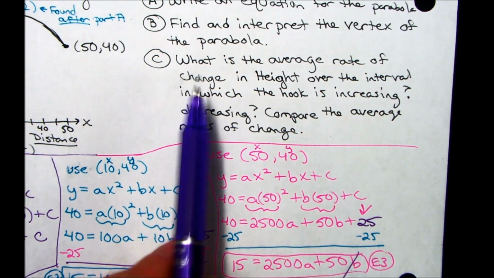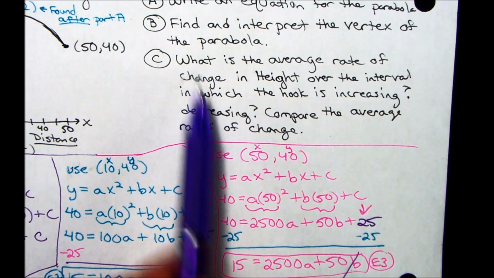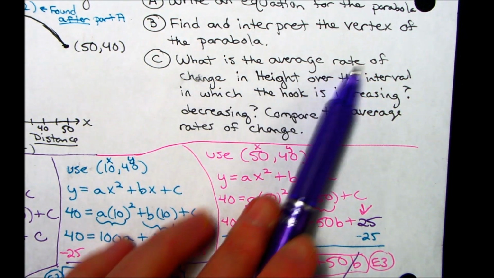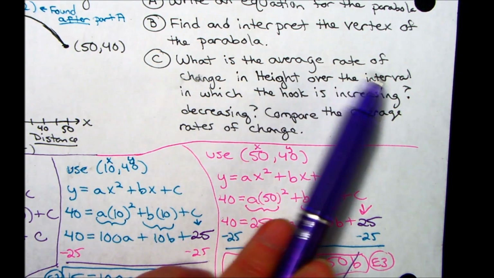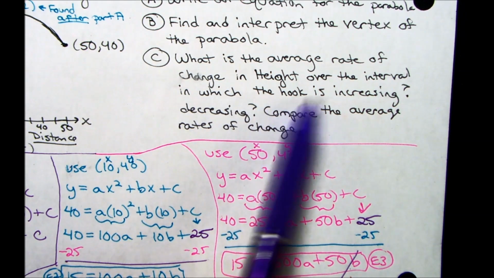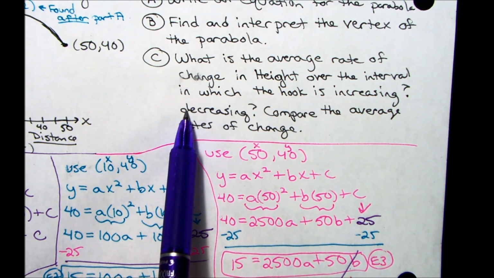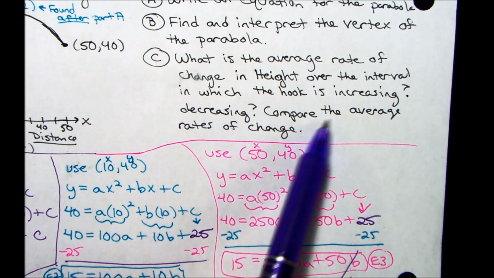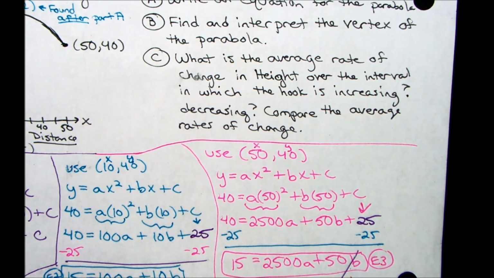Okay, so now the reason why I wanted to do this problem in the first place was so that we could practice this part C, which is what is the average rate of change in height over the interval in which the hook is increasing, when the hook is decreasing, and then they want you to compare the average rates of change.